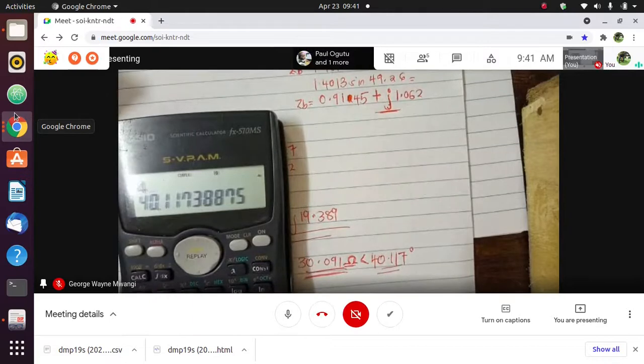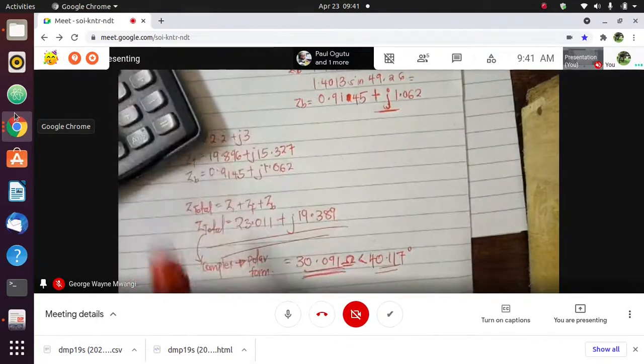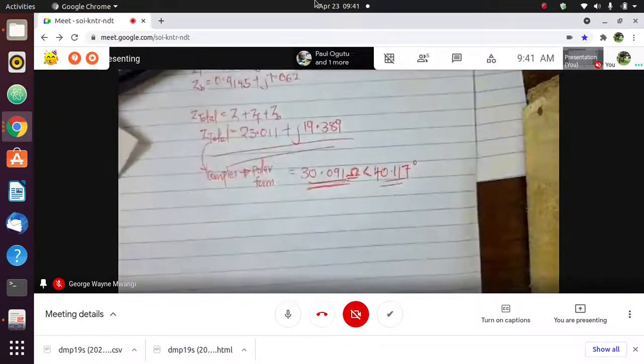The only thing I wanted to show you today is how to change that. I don't know if you have understood how to change a number from the complex to the polar form. Yes. Okay. Now we have the value of total impedance as 30.09 ohms at an angle of 40.17 degrees.